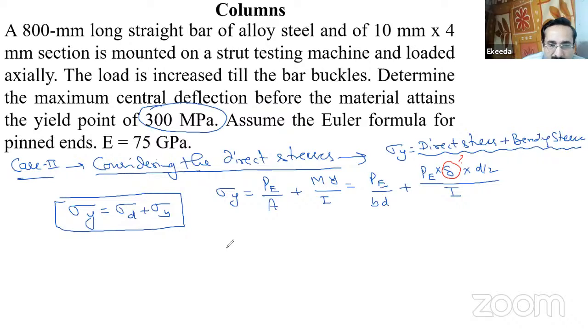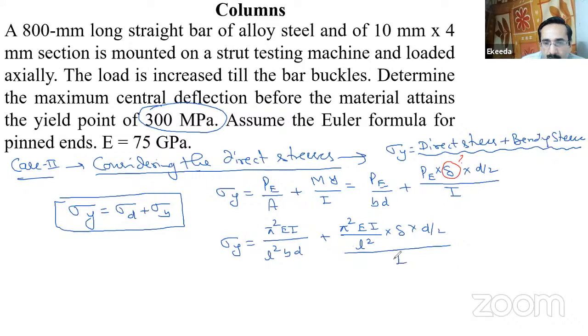And what is PE? P is again that same thing, that is pi square EI upon L square. So sigma y equals pi square EI upon L square BD plus pi square EI upon L square into delta into D by 2 upon moment of inertia.